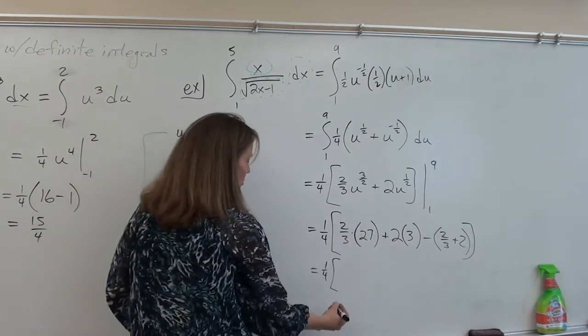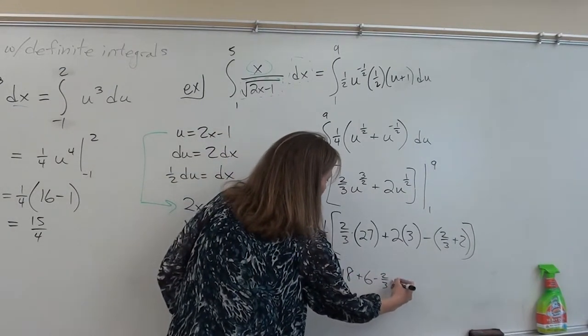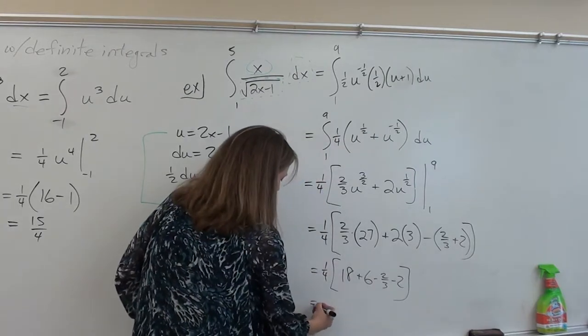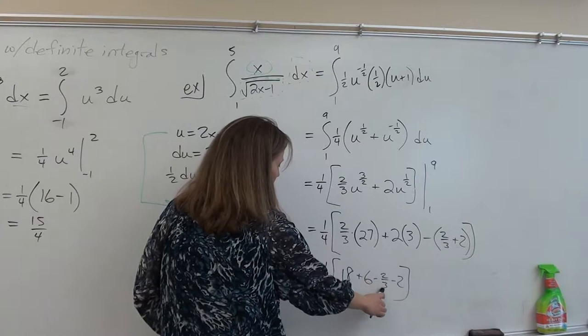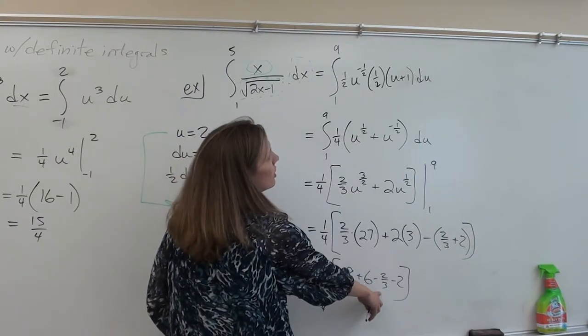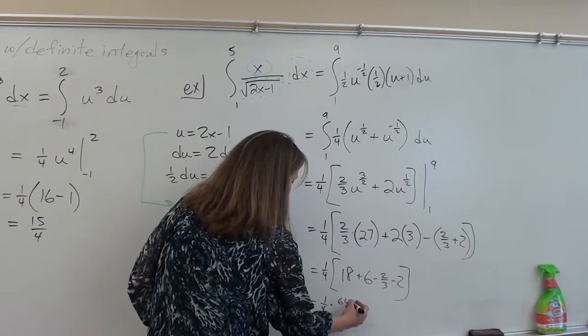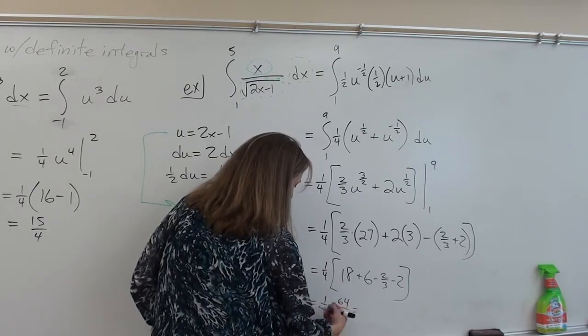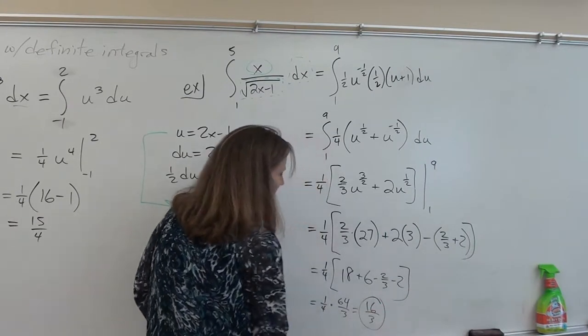Okay, so 2/3 of 27, that's 18, plus 6, minus 2/3, minus 2. So we end up with 24, 22, 21 and a third, which is 64/3. So when you divide by 4, you get 16/3.